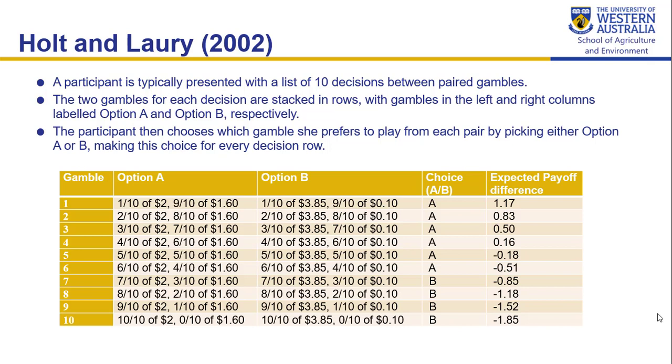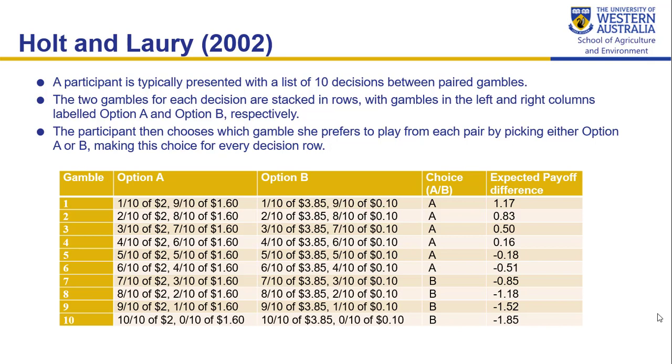Finally, if you look at gamble 10, there's a 100% chance of getting $2 and 0% chance of getting $1.6 under option A, whereas under option B, there is 100% chance of getting $3.85 and 0% chance of getting $0.1.